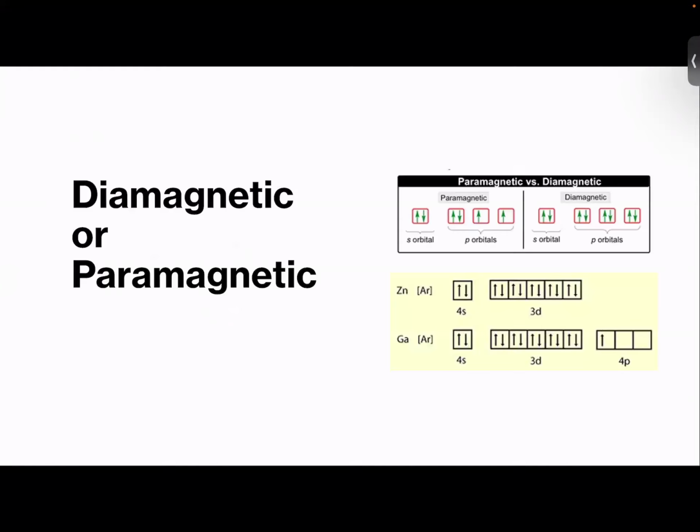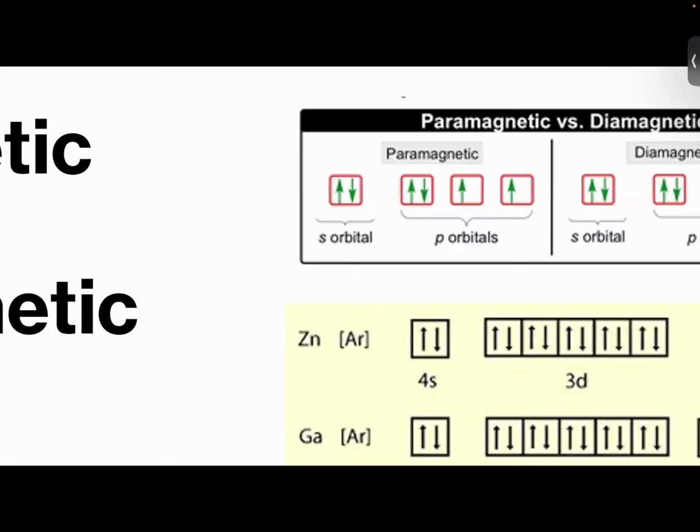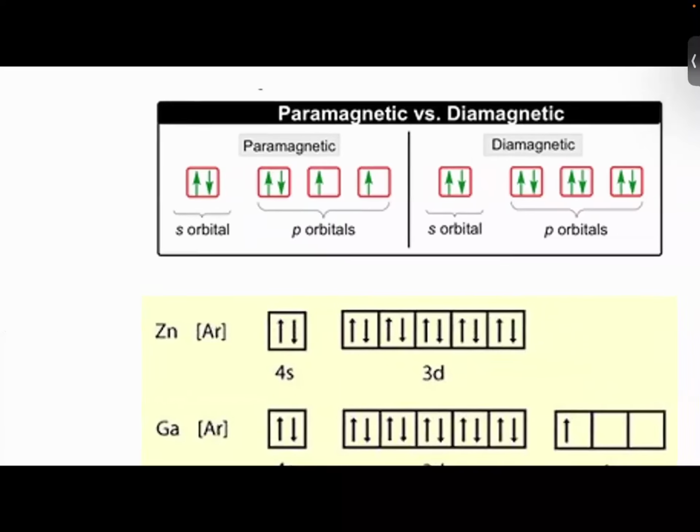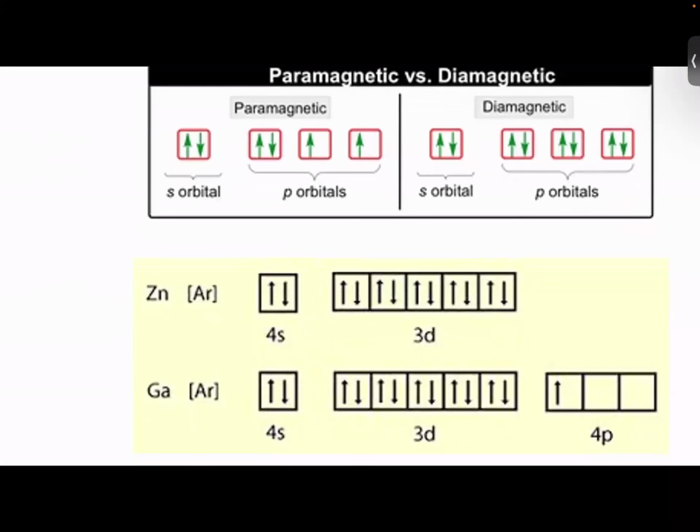The last thing I wanted to quickly do is diamagnetic and paramagnetic. Paramagnetic means that you've got electrons unpaired. Di means 2. Diamagnetic means that all electrons are paired.